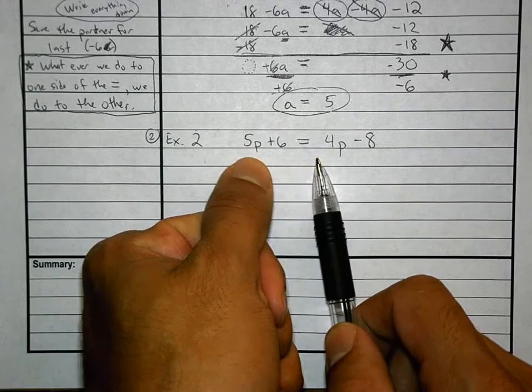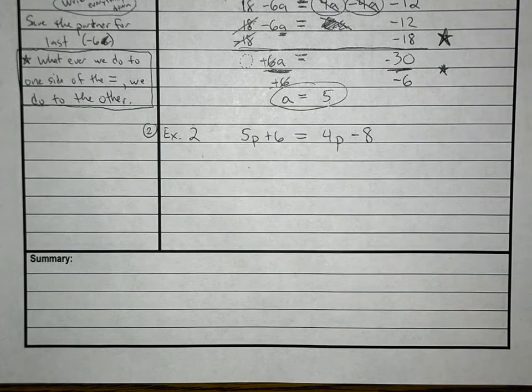I would always recommend, whatever gives you a positive partner is probably what you want to do. Meaning, if you subtract 5p over here, you're going to get 4p minus 5p, and you'll get a negative p. You don't want a negative p, you want a positive p. So if you subtract 4p over there, it'll be positive.